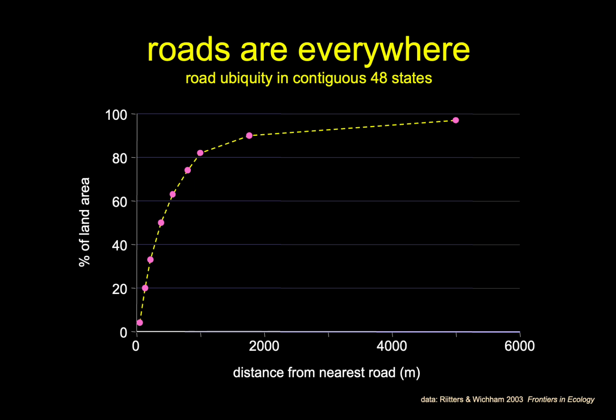We have a lot of roads in our country, right? If we go up to 5 kilometers or less, that's almost 100%. Are there some areas, particularly in places like Utah, that are farther than 5 kilometers? Sure. But that's a very, very rare slice of our country, right?